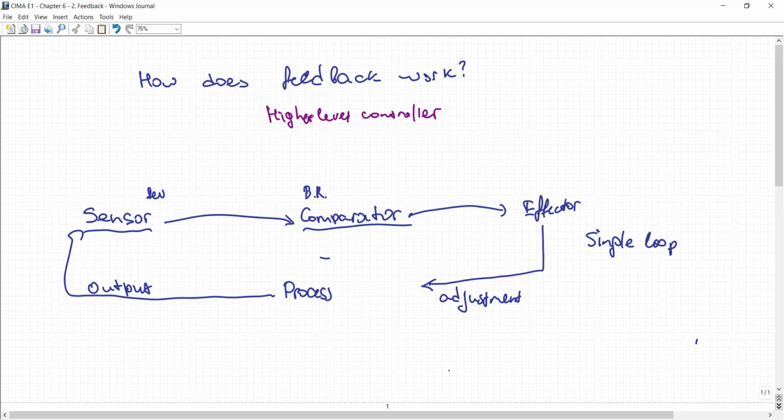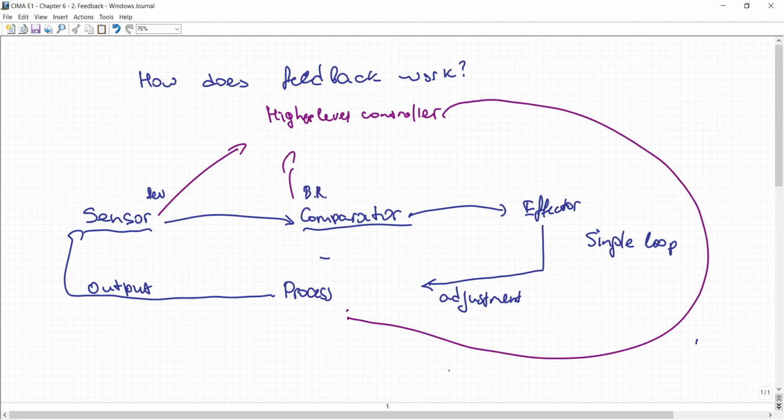And this controller might use the feedback received from the sensor or from the comparator to make decisions and adjust the system behavior based on more complex rules and algorithms. So the controller will make the adjustments to the process, and these adjustments would be of a higher level.